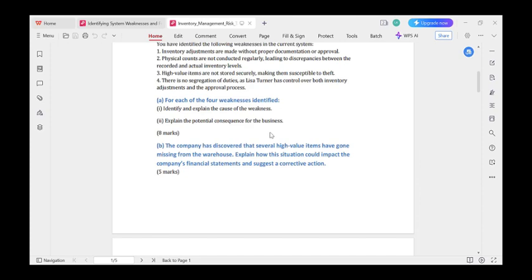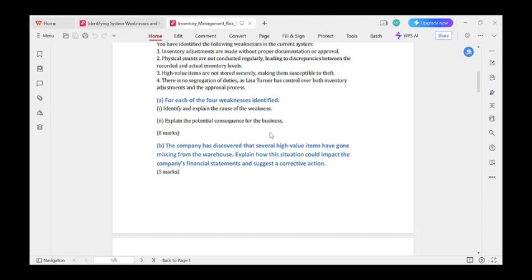Inventory adjustments are made without proper documentation or approval. Okay. So they are adjusting the inventory values without proper documentation or without approval.